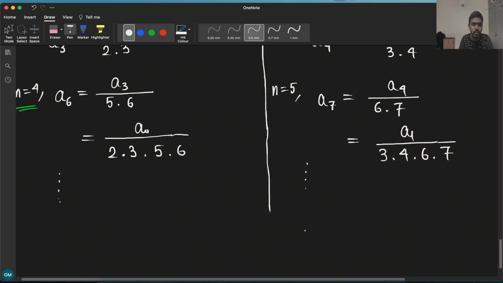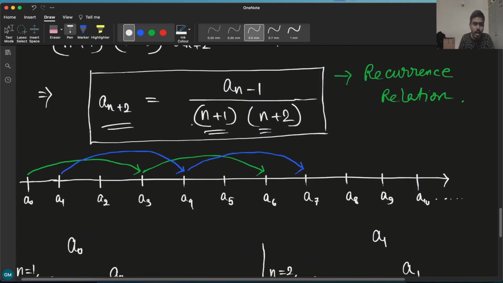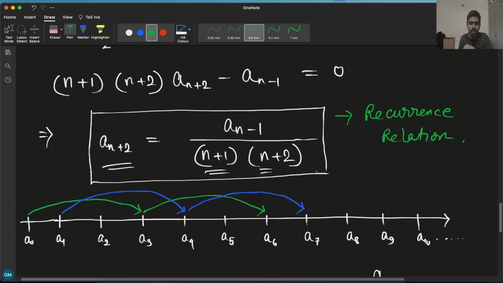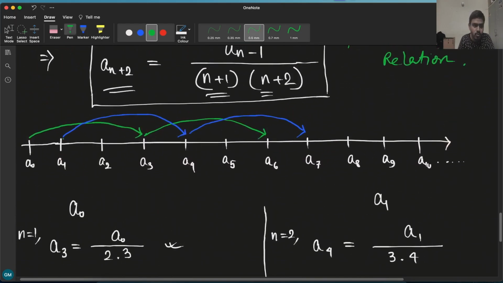And A2 we already know, A2 equals 0. To go from A0 to A3, what we did is we put n equals to 1.